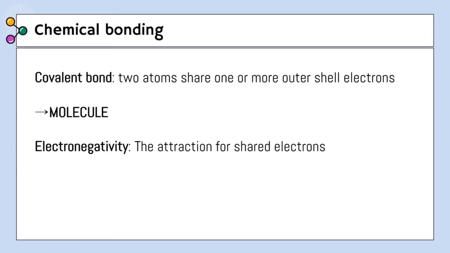Atoms in a covalent molecule continually compete for shared electrons. The attraction for shared electrons is called electronegativity, and atoms with higher electronegativity pull the other atom harder.